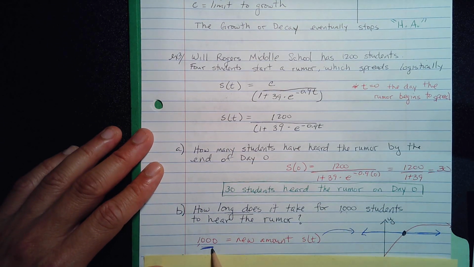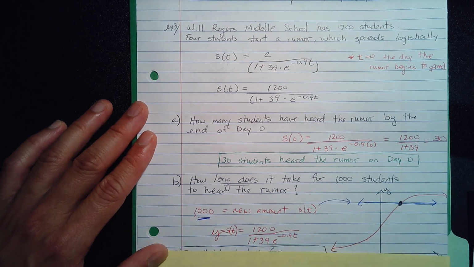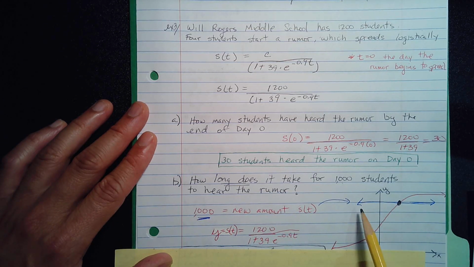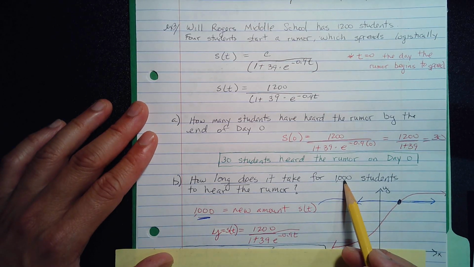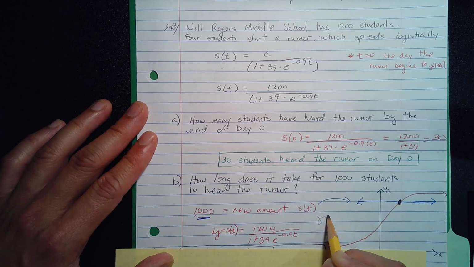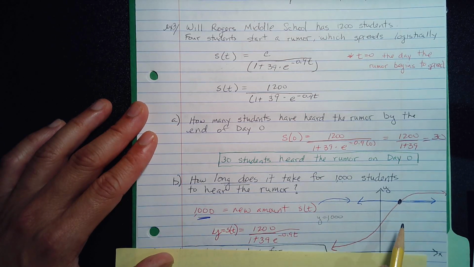So we have 1,000 equals new amount, and we have y equals S of t. So to figure out the solution, just find out where this will intersect. So y is equal to 1,000, right? That's what that is.